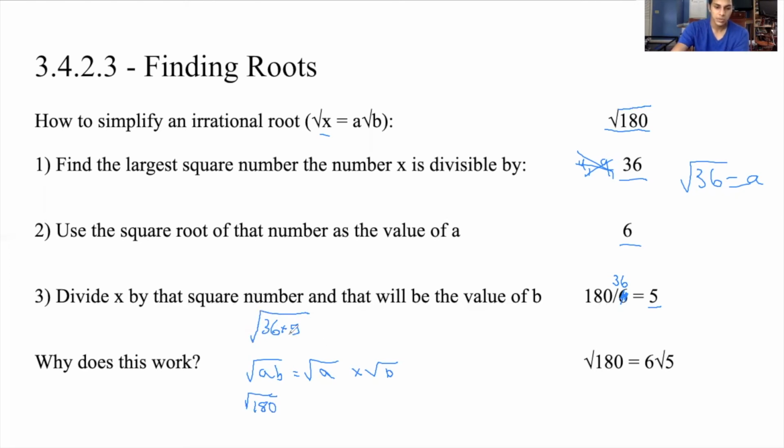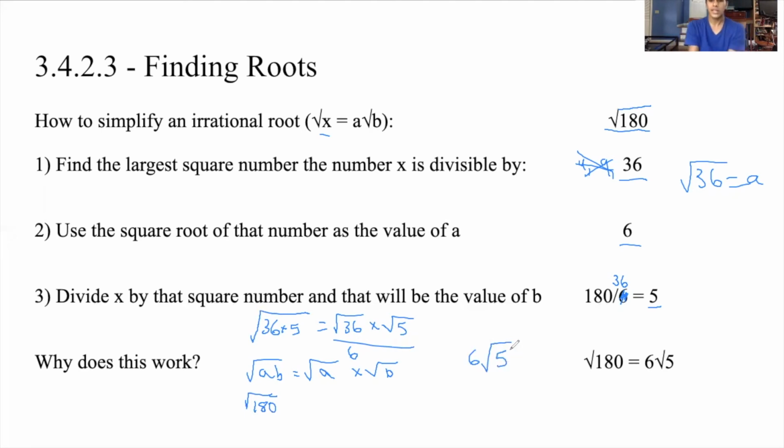And since the square root of two numbers multiplied equals the square root of those individual numbers multiplied, the square root of 36 times 5 equals the square root of 36 times the square root of 5, so I can write it out like this. And since the square root of 36 is a whole number, 6, that's how I simplify it down. So this technically simplifies to 6 times the square root of 5.